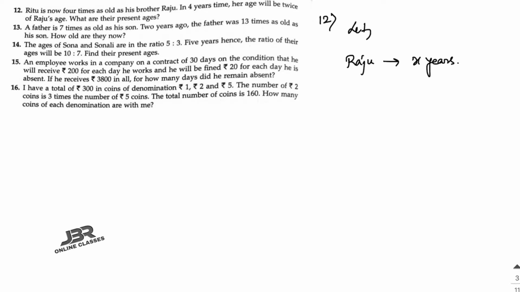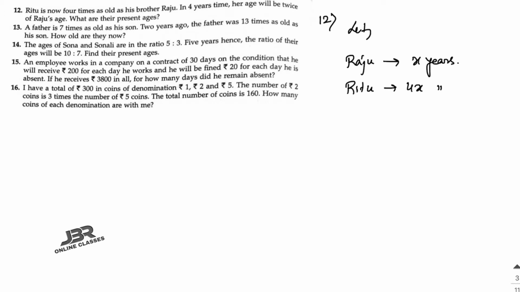Write down, let the present age of Raju be x years. So here the age of Ritu will be now 4x years because 4 times as old as his brother. Clear?